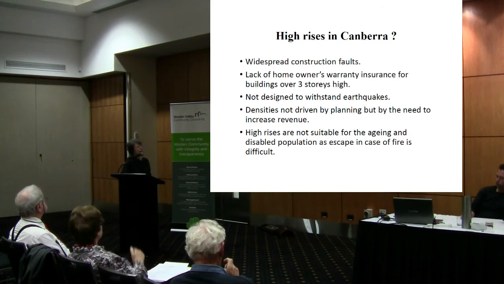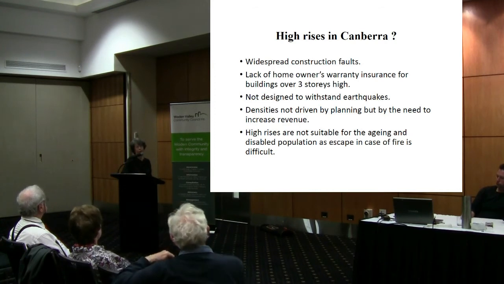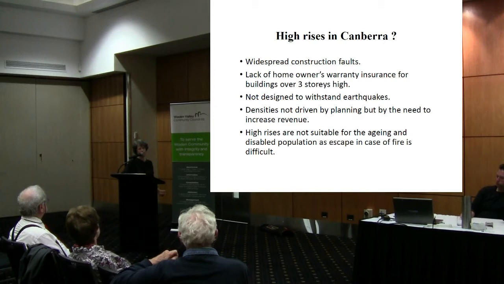So this is a major issue. The insurance existed before 2003. In 2003, it was decided to just get rid of it because not a lot of builders could afford it. But as a result of that, nowadays a lot of builders who are not suitable for developments like that would build a high-rise.